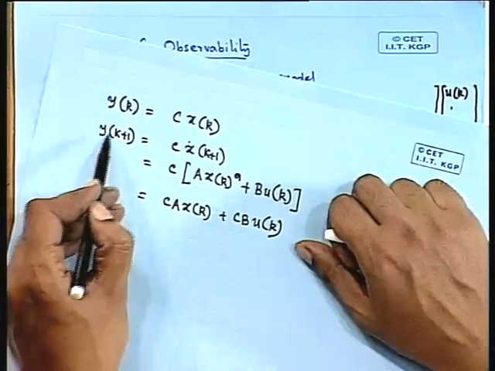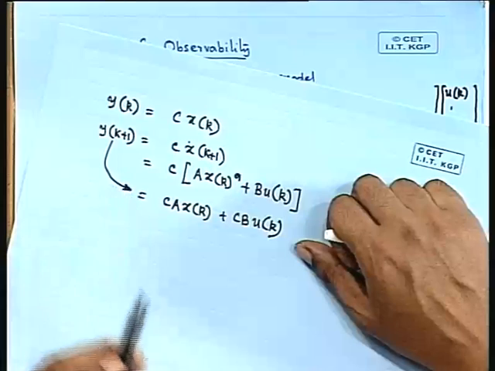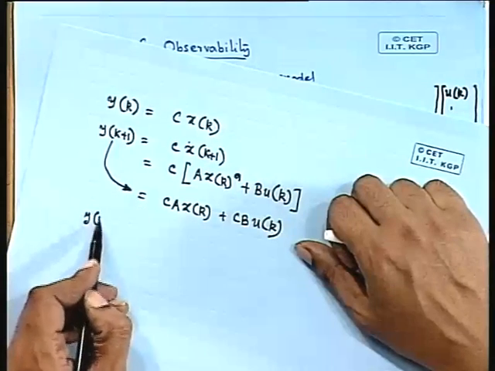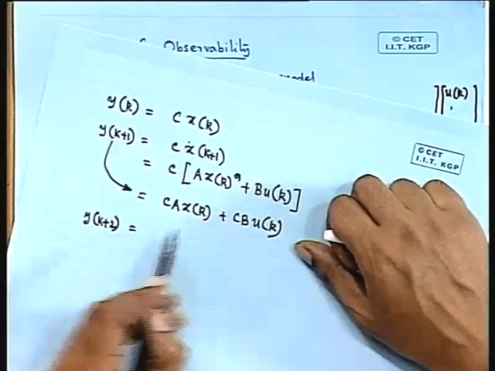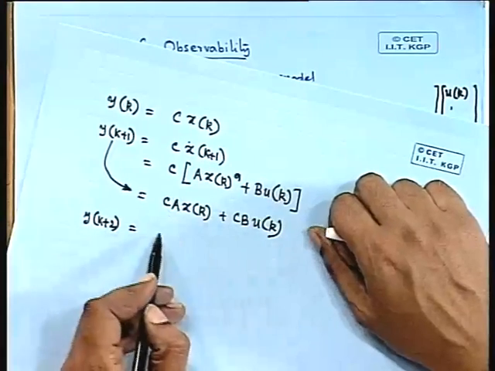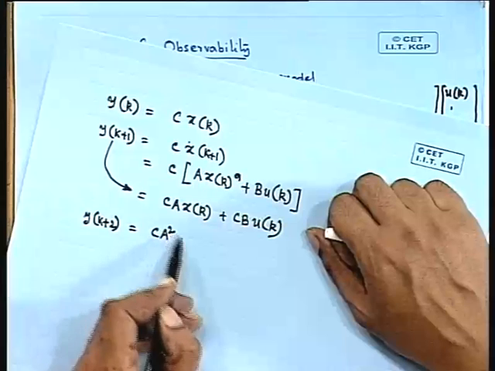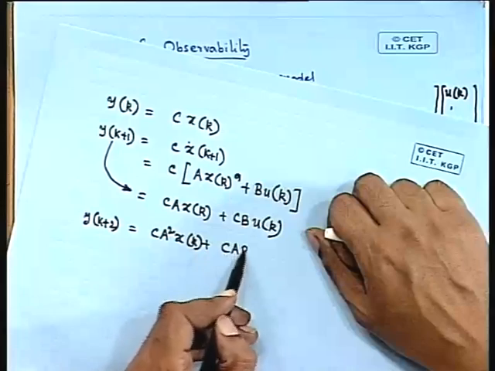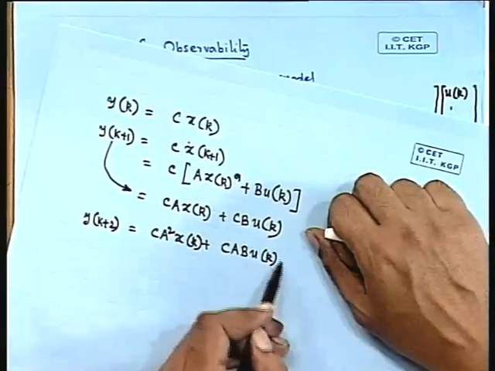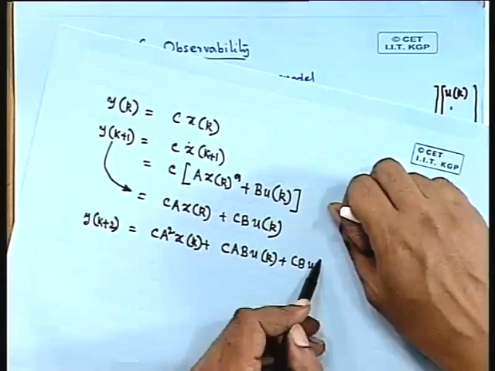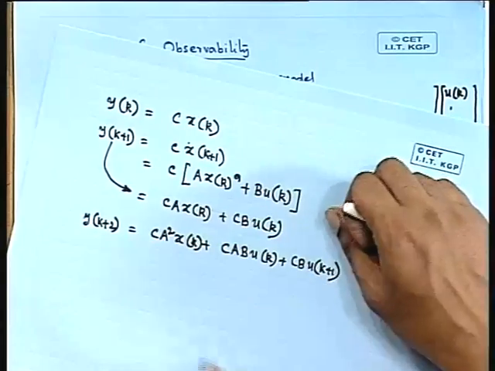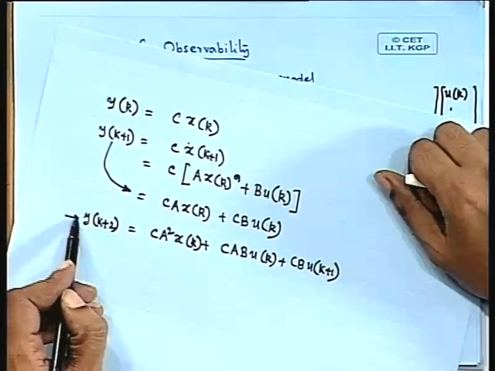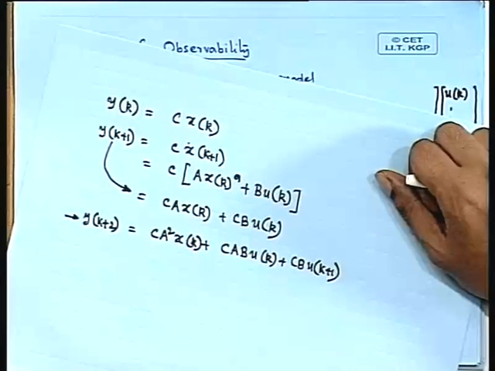So this gives you the second equation. See, all equations must involve x. Similarly, you can have y_(k+2). Go on doing it, then you will get CA squared x_k plus CABu_k plus CBu_(k+1). This gives you a third equation, right.